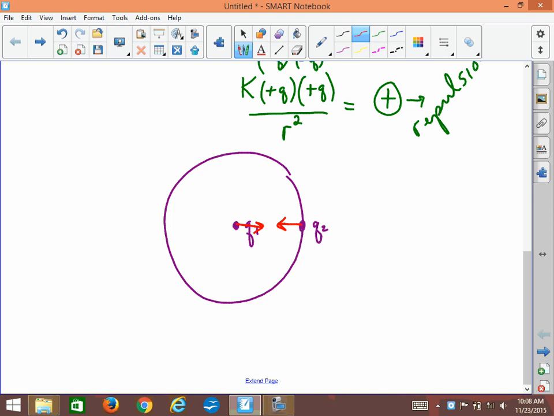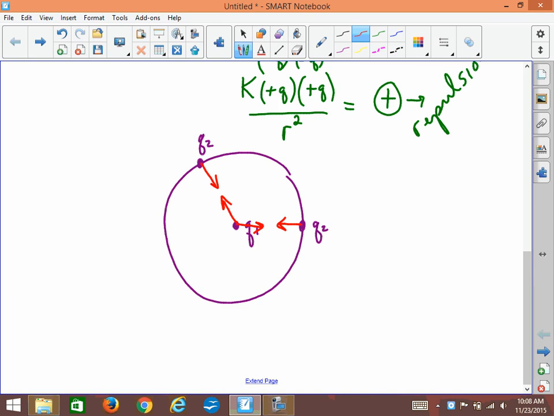The electrical force between them would be the same force on both charges. We could say the force on Q2 is left, and the force on Q1 is right. But of course, if you put Q2 over here, there's still an attractive force between them, so you still get the forces pulling in, but look, the direction now has changed.